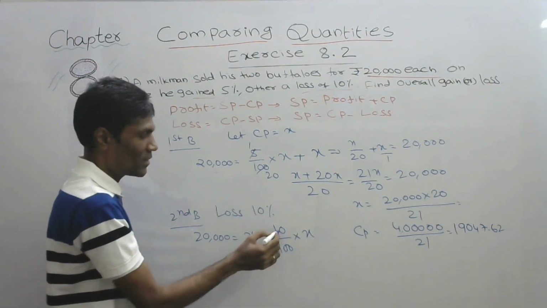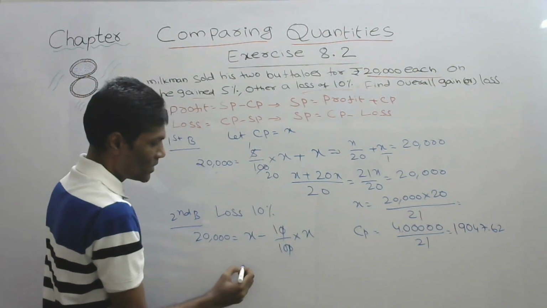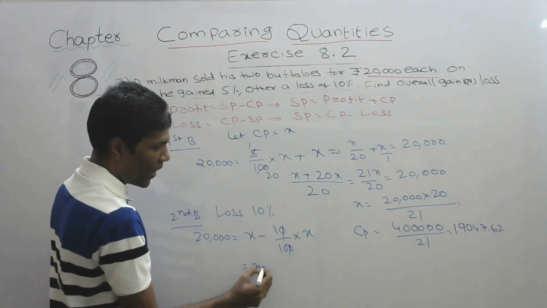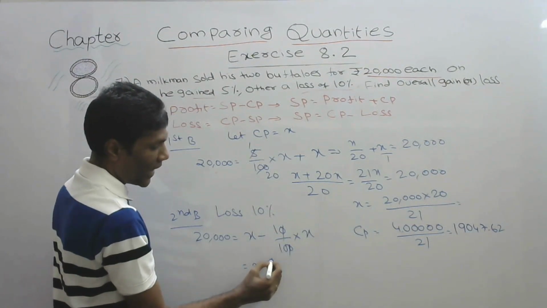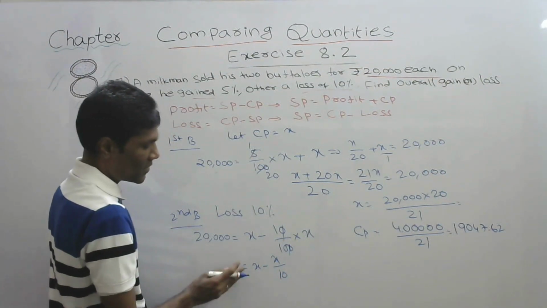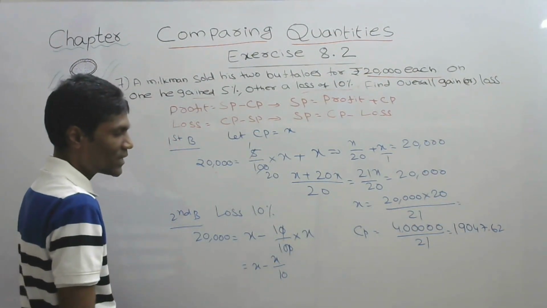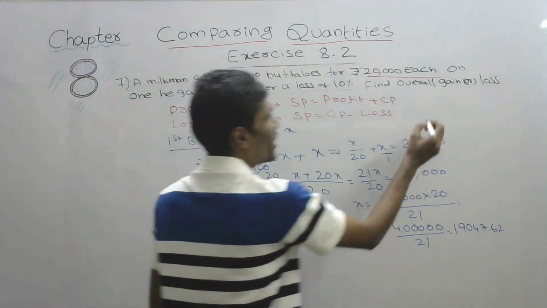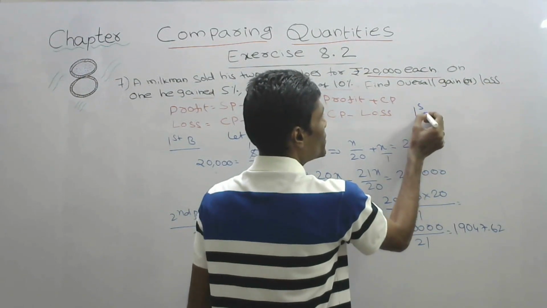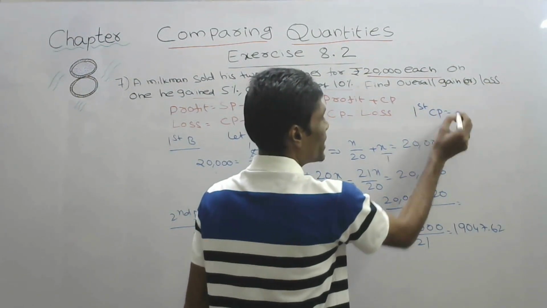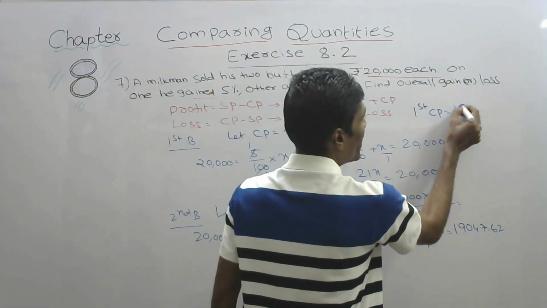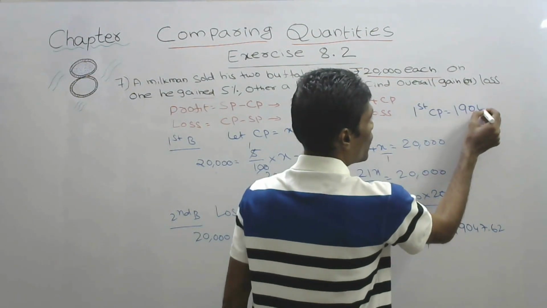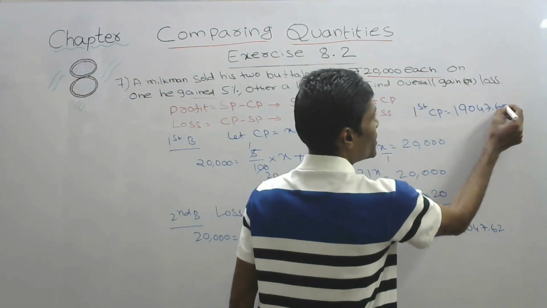Okay? So clear. This is X minus X by 10. So this is over now. So first buffalo CP we got as 19047.62.